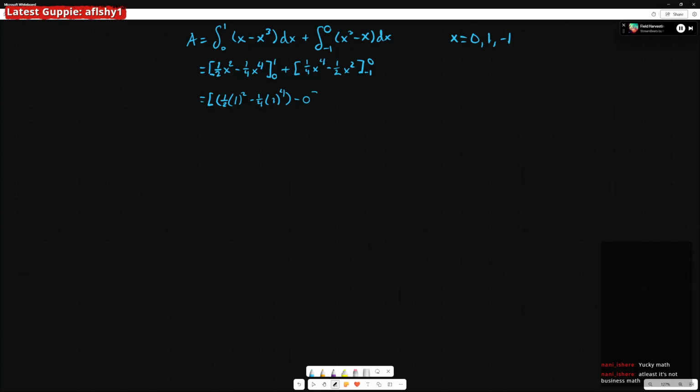So it's just minus 0. We can simplify that ahead of time. And then we have b, so 0, and that will be the same thing as before, where it just simplifies to 0. I mean, we got 0 minus 1/4 of -1 to the 4th minus 1/2 of -1 squared.